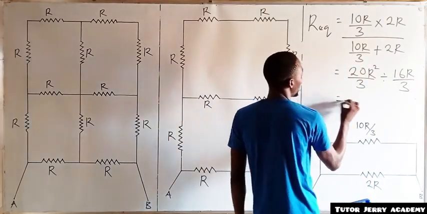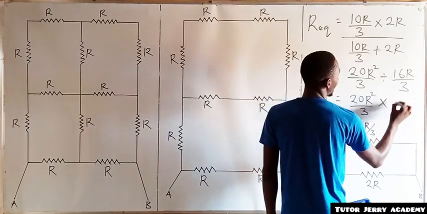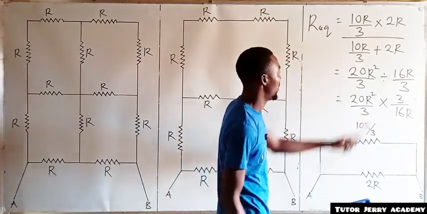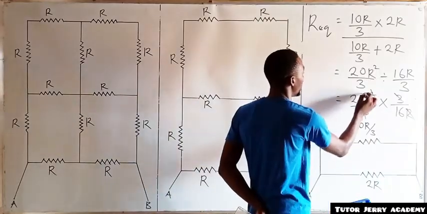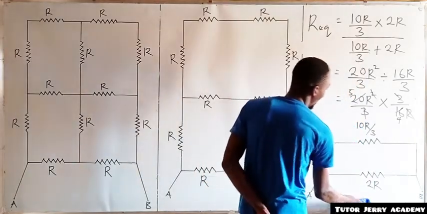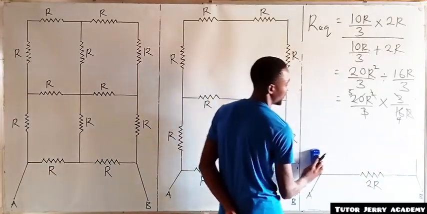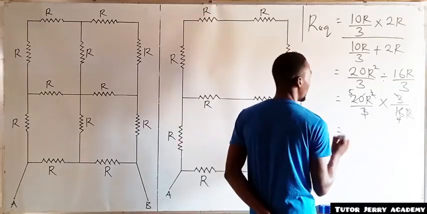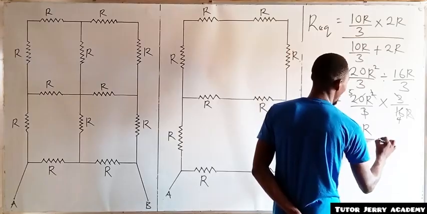So this will be equal to 20R squared over 3 times 3 over 16R. I hope we understand. 3 goes with 3, R goes with one R here, 4 into 20 is 5, 4 into 16 is 4. So our final answer will be equal to 5R over 4 ohms.